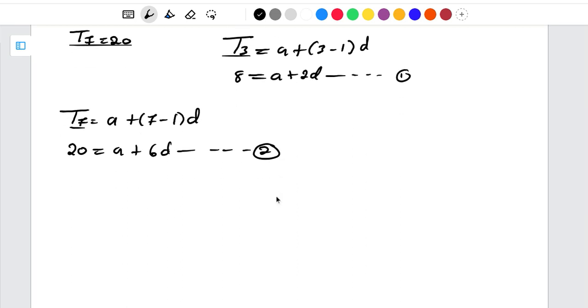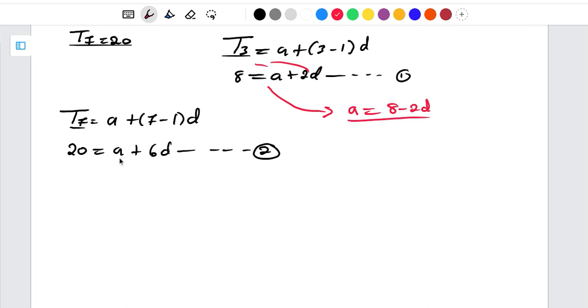So what we are going to do here, for us to find the value of A and the value of D, is make A the subject of the formula or D the subject of the formula. Let me just make A the subject of the formula using the first equation. If this one goes to the other side, we're going to have A equal to 8 minus 2D.